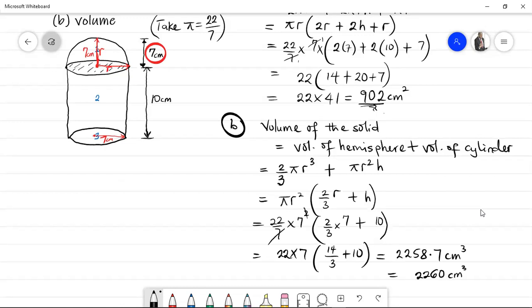This has been done to 3 significant figures. All right, guys, so that is the answer for the second part of this question. Really interesting. I believe you understand.